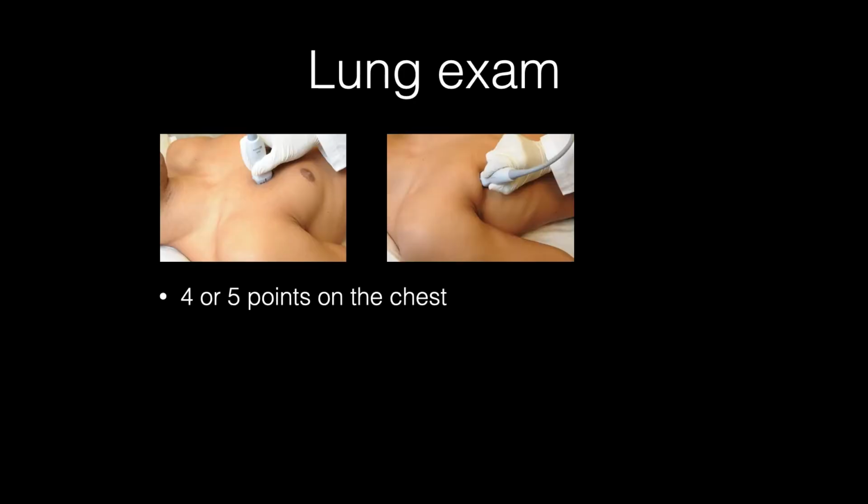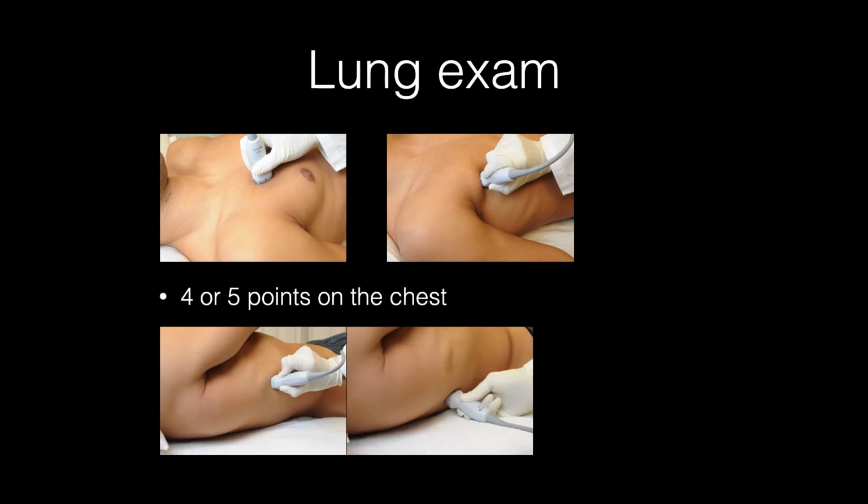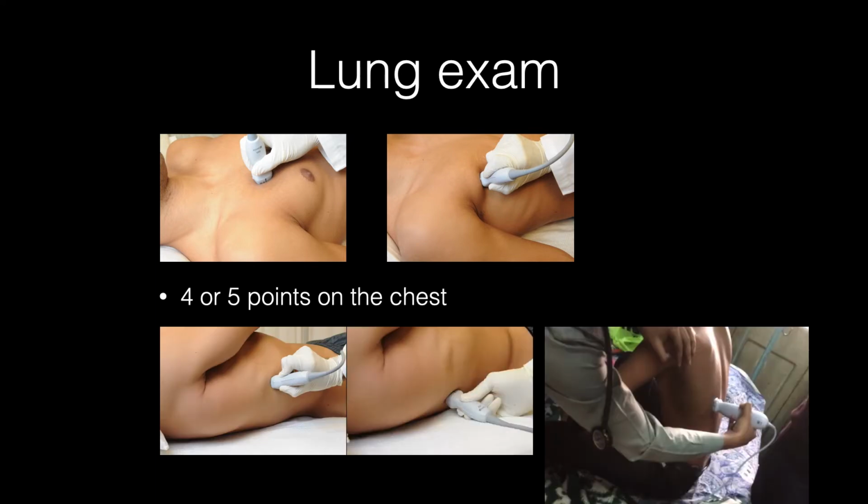So again, these are the different points you can look at on the chest. And the one that's often left out, but I find really helpful, is to sit the patient up, especially after you auscultate, and look at the posterior portions of the lung. This is often where fluid ends up accumulating, and you can also see if that fluid is large enough to do a thoracentesis.